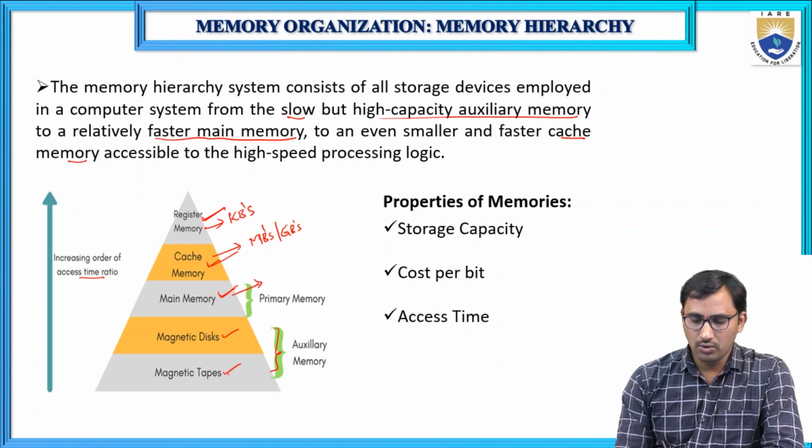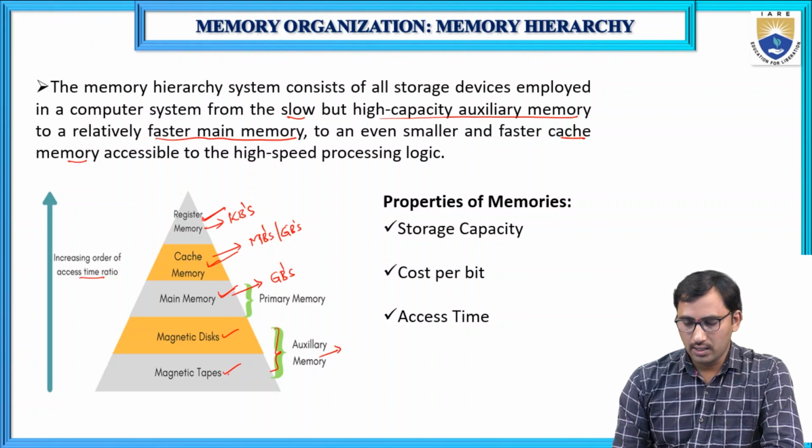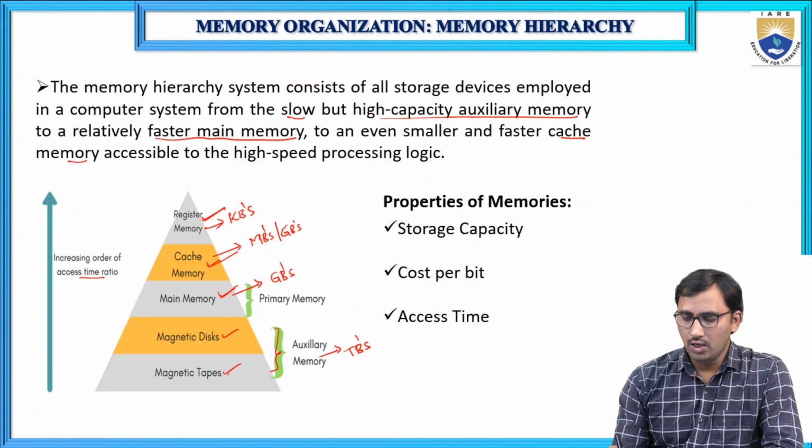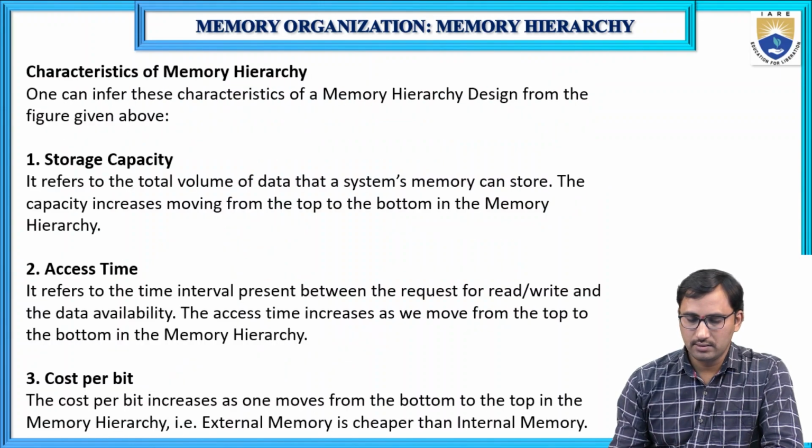Main memory is available in a few gigabytes, and auxiliary memories are available in gigabytes or terabytes. Okay, so all these memory devices have some properties: storage capacity, cost per bit, and access time. These are the different properties of the memories.